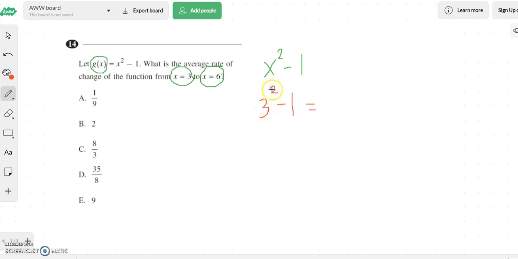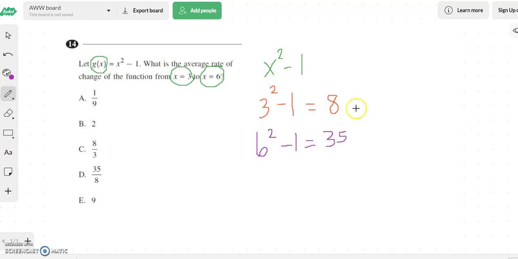Okay, 3 squared is 3 times 3, which is 9, minus 1 gives us 8. So hold on to that number. And now we're going to replace it with the 6. Six squared is 36 because 6 times 6 is 36, minus 1 gives us a 35.